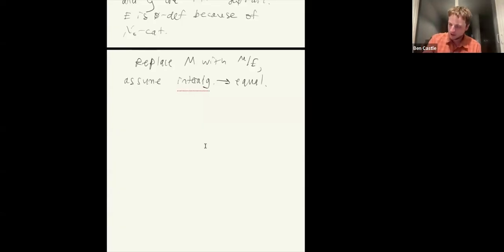And so now let X be a definable subset of M^n. And we want to show that X is definable from equality. Okay, so we will do this by induction on the dimension.